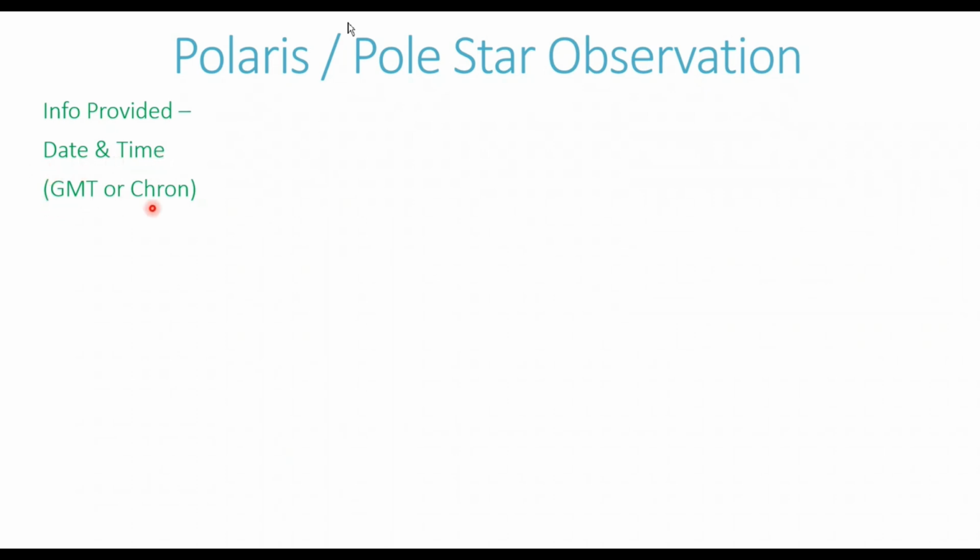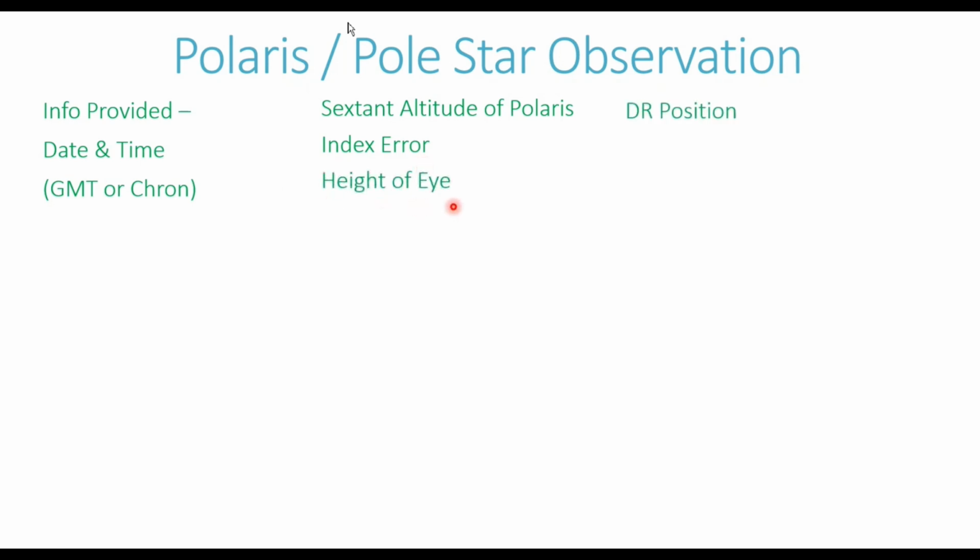The time could be GMT or chronometer. If it is chronometer time, the ambiguity has to be resolved using the AM/PM indication and the GMT obtained. Along with it, they will give us the sextant altitude of Polaris and the index error of the instrument and the height of eye required for dip correction, and they will also provide us with the DR position of the observer.